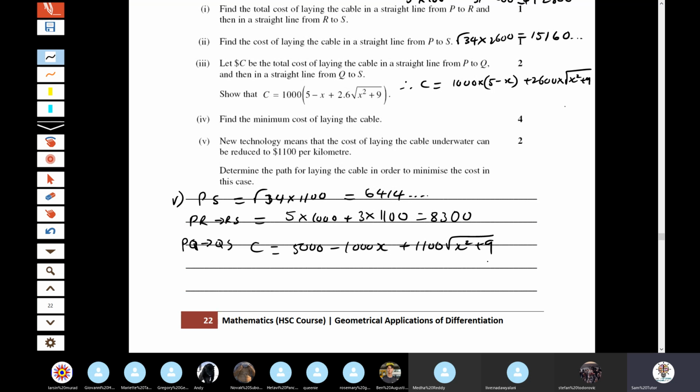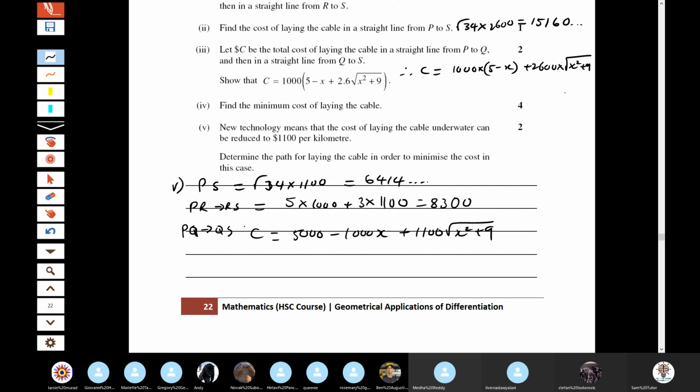Then we're going to differentiate that. Negative 1,000. It's not going to take that much longer than this. It's only going to take probably 2 or 3 lines more.